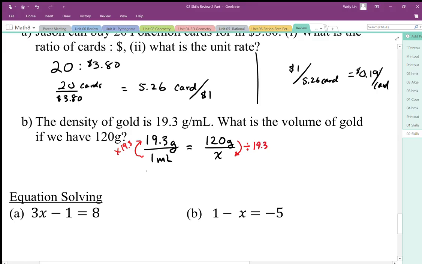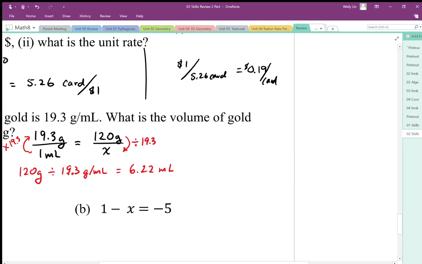And when I do that, I get 120 grams divided by 19.3, and this happens to be grams per milliliter. Grams divided by grams cancels out, and I end up with 120 divided by 19.3 gives me 6.22 milliliters of volume. Okay, so we can just use a proportional equation for this.